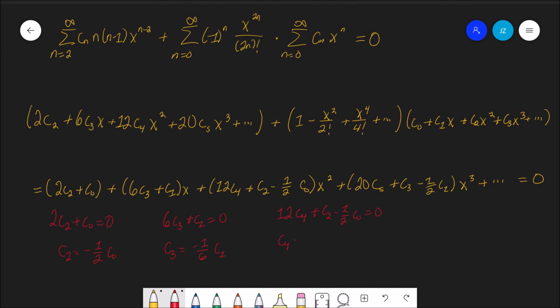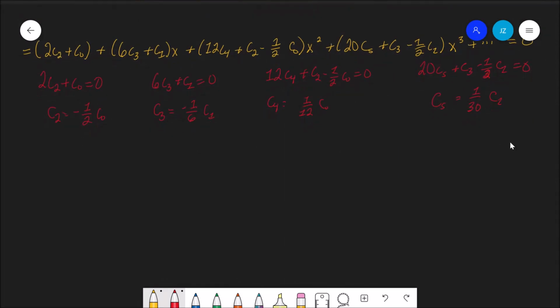And so we'll get that c4 has to be a 12th c0. And then 20c5 plus c3 minus a half c1 has to be 0. And we get that c5 is a 30th c1. And I'm sorry, c4 should not be negative.